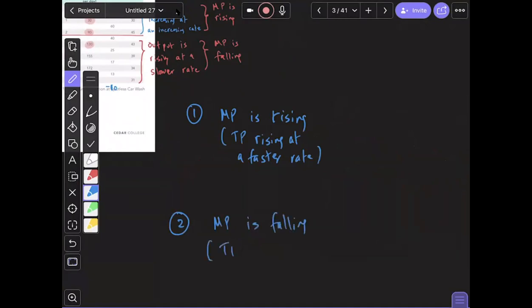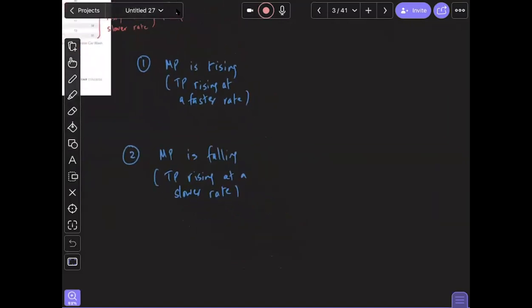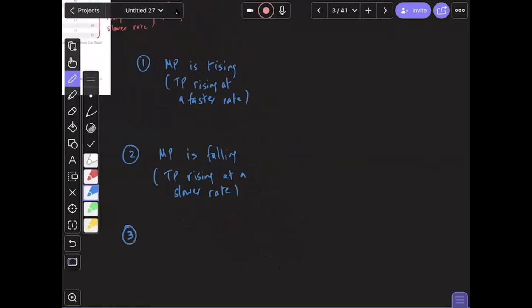We call it TP still rising at a slower rate, because every person that you hire is still contributing positively to the output, but his contribution is lower than what was brought by the worker before him. And the third one is MP is negative, where TP falls.